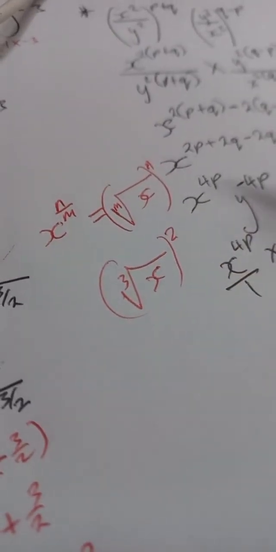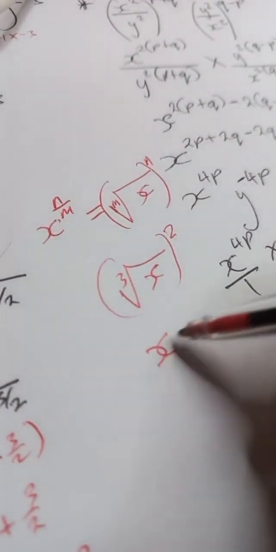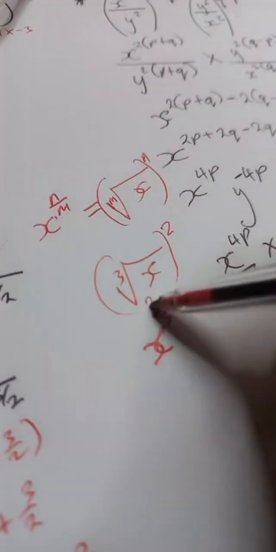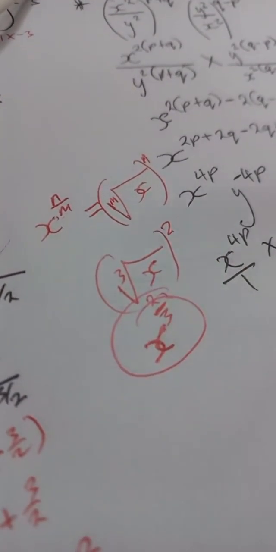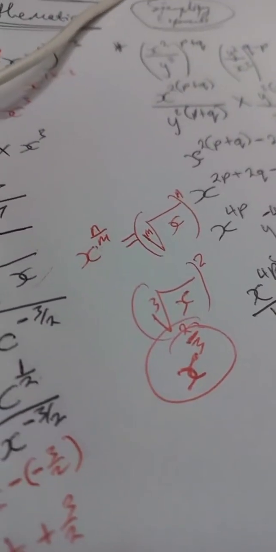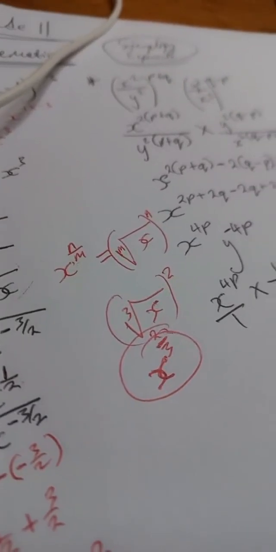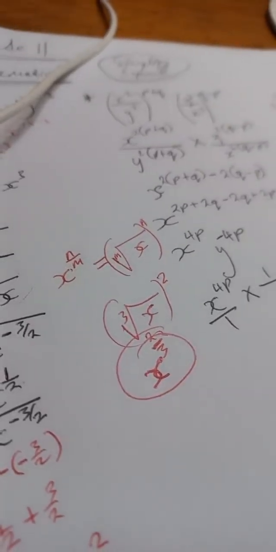This is going to be converted back to the exponent, saying that x will be your base, and the 3 will be your denominator, and the 2 will be your exponent, which is x to the power of 2 over 3. Right?